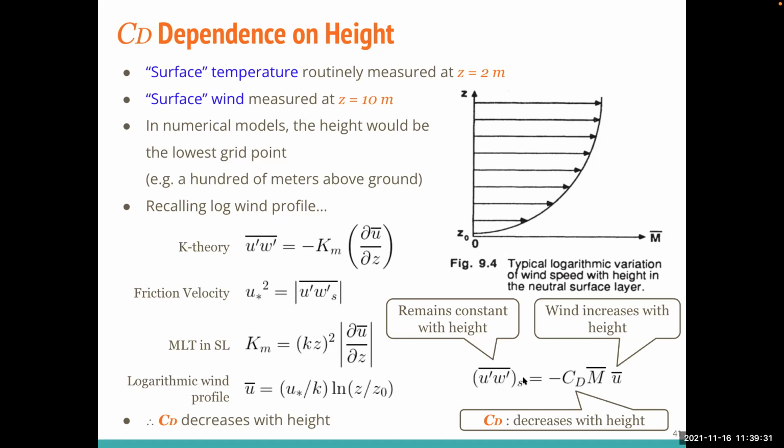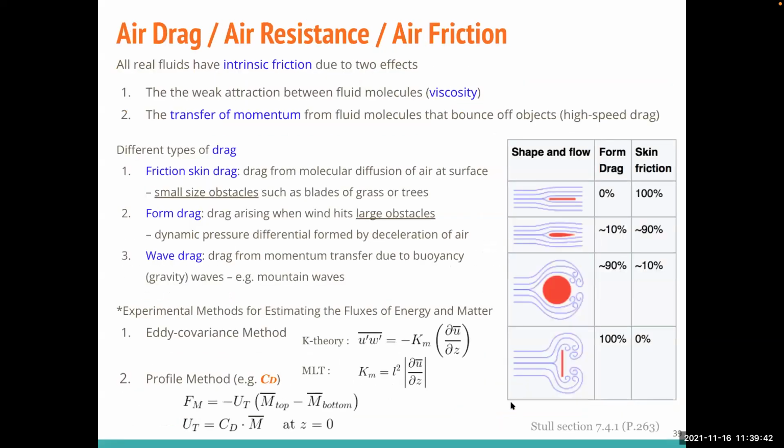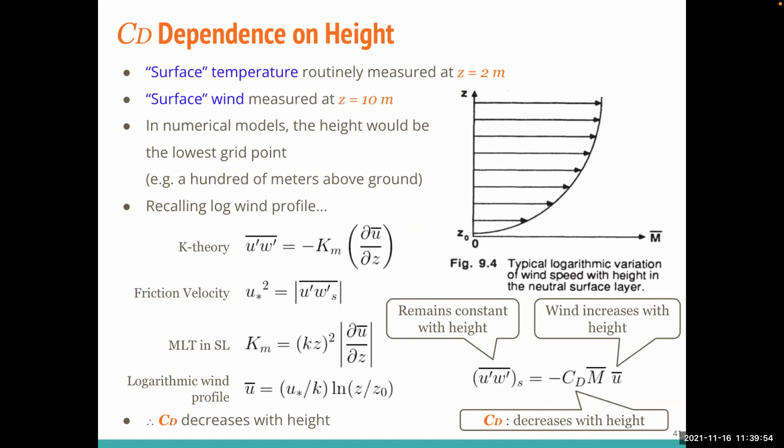Your K depends on height, so your CD depends on height. We are doing a comparison between the two methods here. The first one is the Eddy covariance method, and the second one is the profile method. So you know that CD might not be constant sometimes in different situations. Of course, this is talking about the surface layer. So in the surface layer, you might have a different expression for your CD.